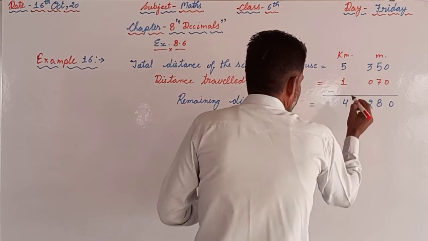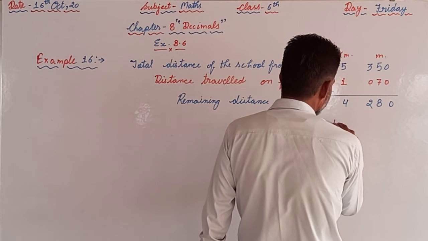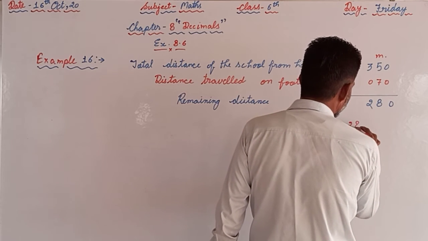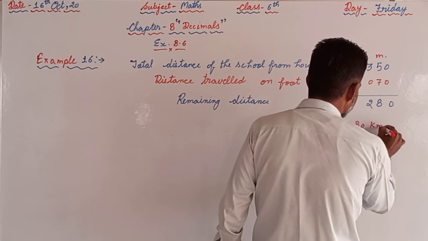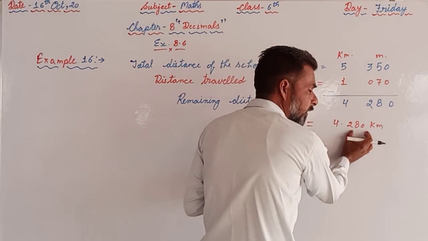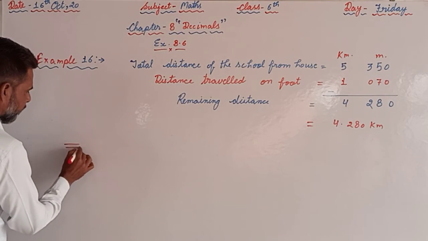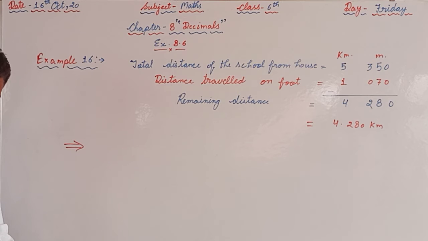So that is kilometer, that is meter, that can be written as 4.280 kilometers. On the left hand side of the decimal there is kilometer, on the right hand side of the decimal there is meters. At last we are supposed to give the answer in the form of language.